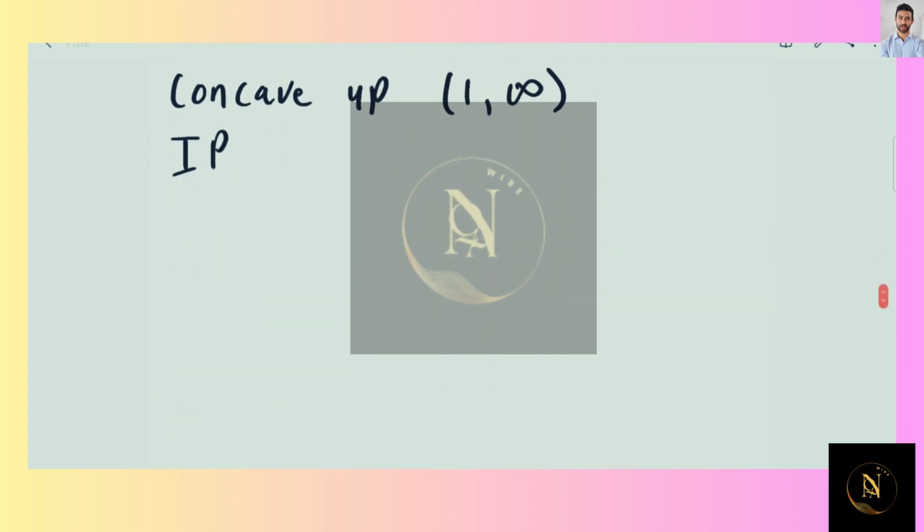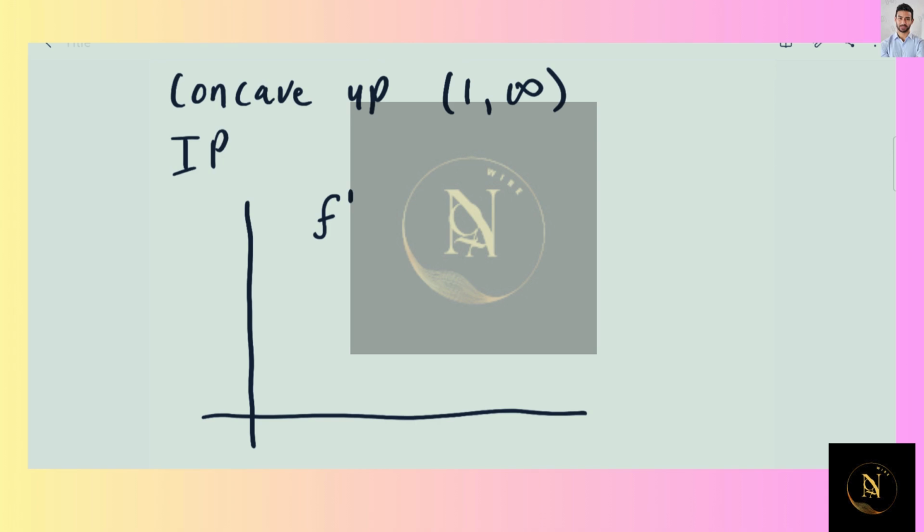So if we were to look at the graph of our second derivative, f double prime of x, we would need a 0 that actually crosses the x-axis. We couldn't have a 0 that just touches and then goes back, since that doesn't have a sign change. In this case, we're going from negative to negative, so we're going from concave down to concave down, which isn't a change in concavity, which means it isn't an inflection point.